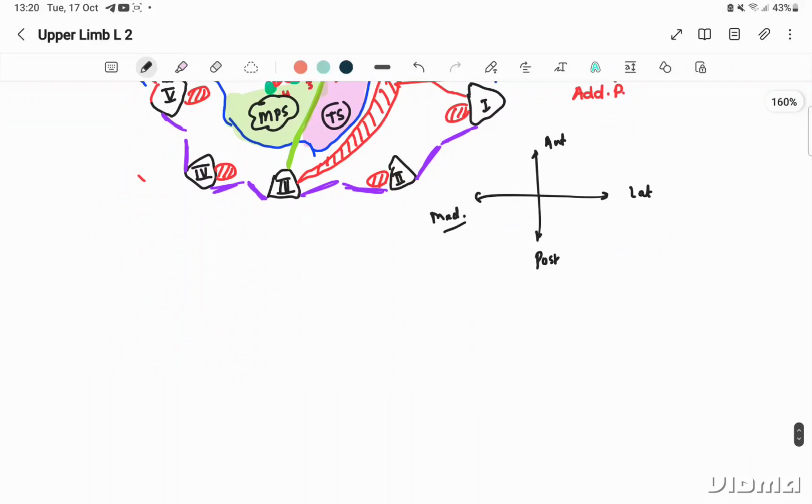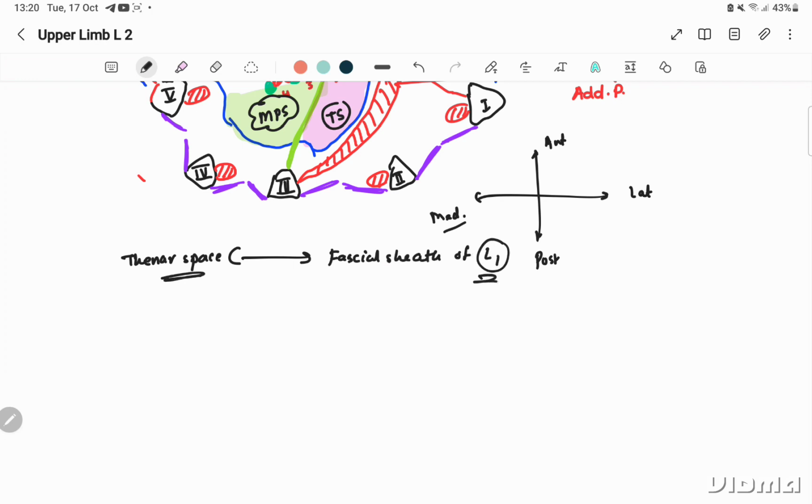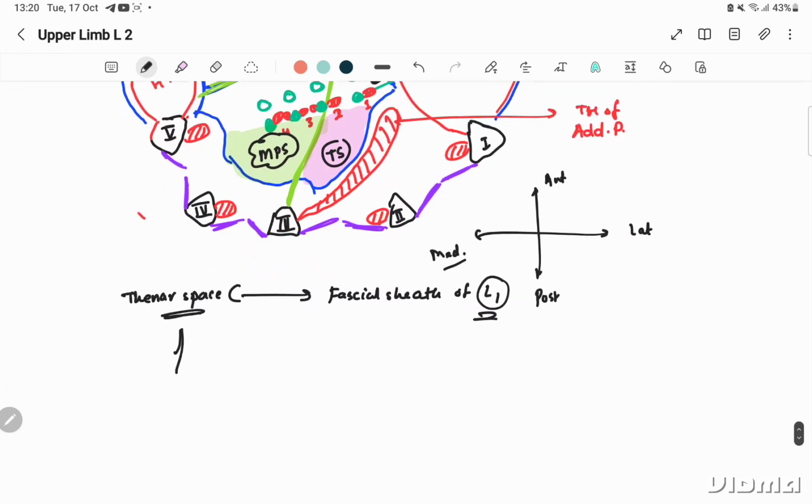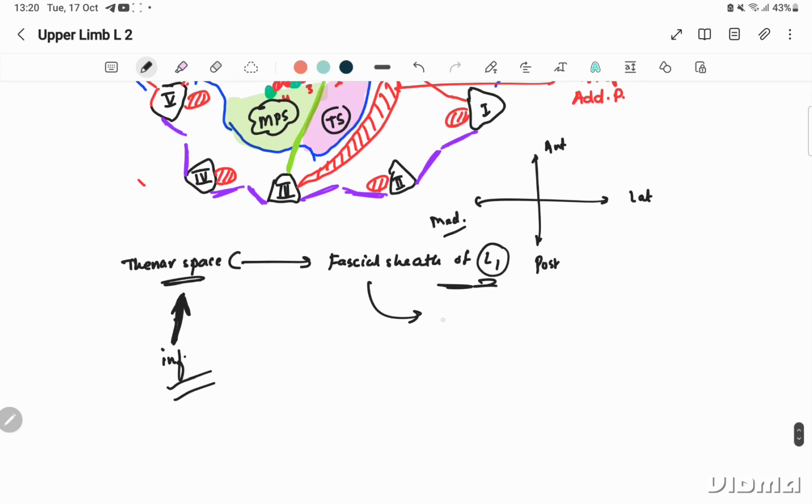There are two clinically important points here. The thenar space communicates with the fascial sheath of the L1 lumbrical. Okay, the thenar space and the sheath of the L1 lumbrical are communicating. So if any infection occurs in the thenar space, it can be drained by putting an incision on the first web space.